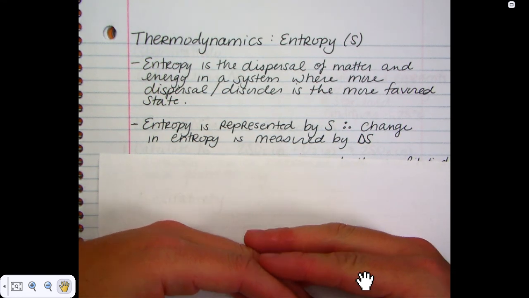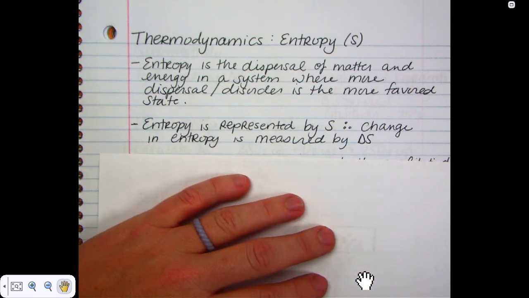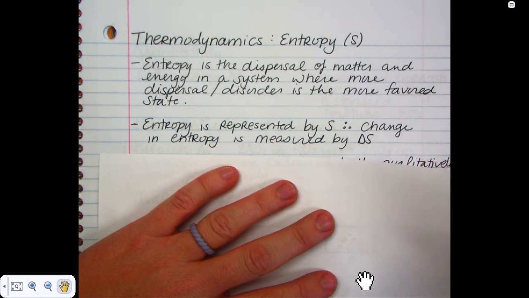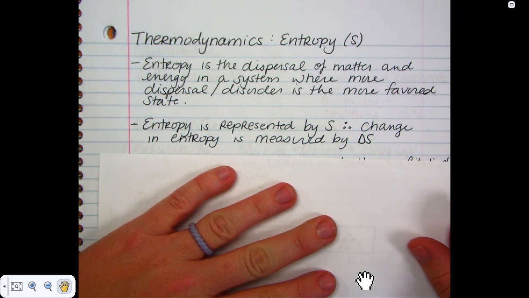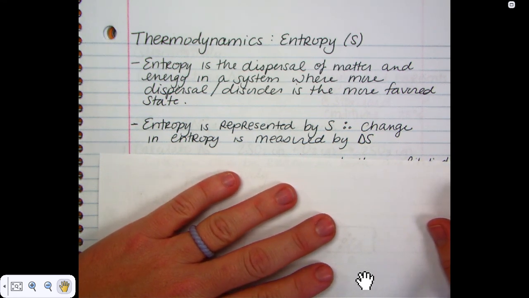Okay. The universe favors disorder. The universe favors a high degree of entropy. It is the more favored state. It is the thermodynamically favored state. Disorder is favored by the universe compared to order. Another way you can look at it is it takes energy input to organize your junk.